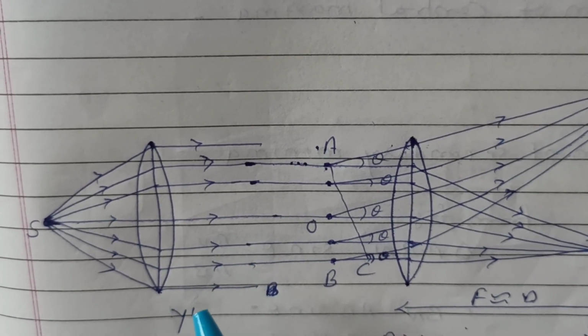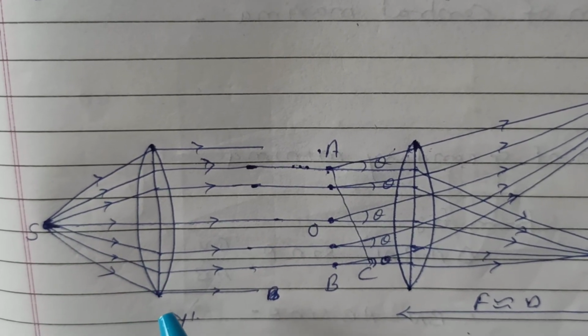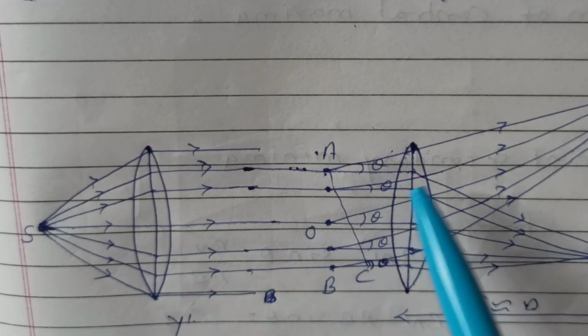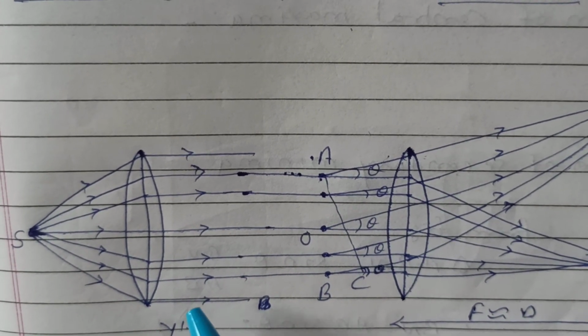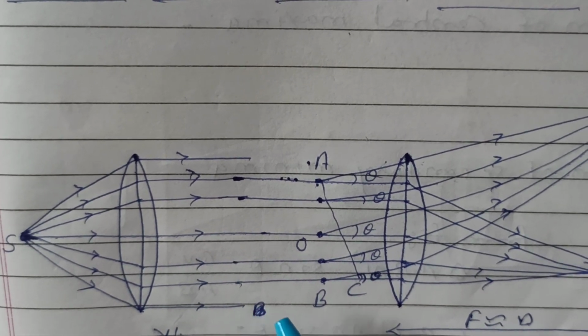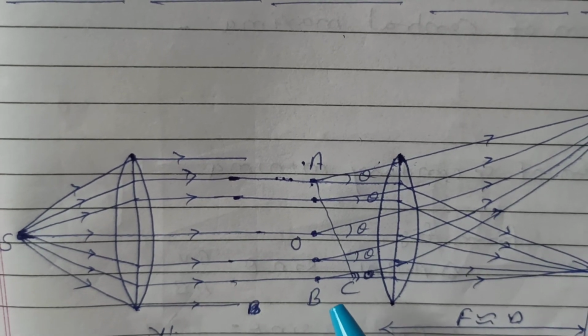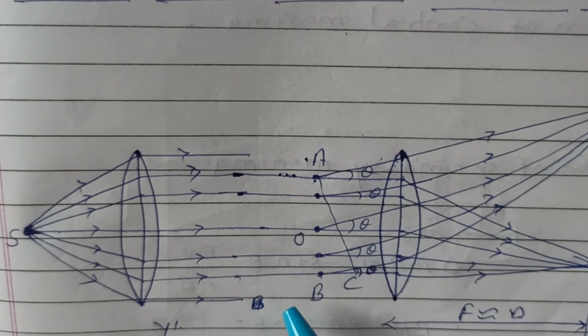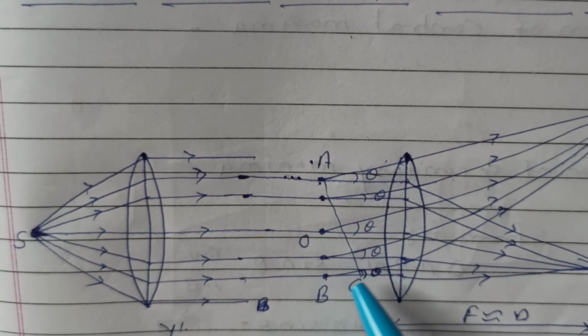In the case of a circular aperture, S is a point source and the lenses are biconvex. For linear elements like slits, the source is linear and the lenses are cylindrical in shape, so that the focused image is also linear. The emerging beam is incident on another converging lens that focuses the beam on the screen.